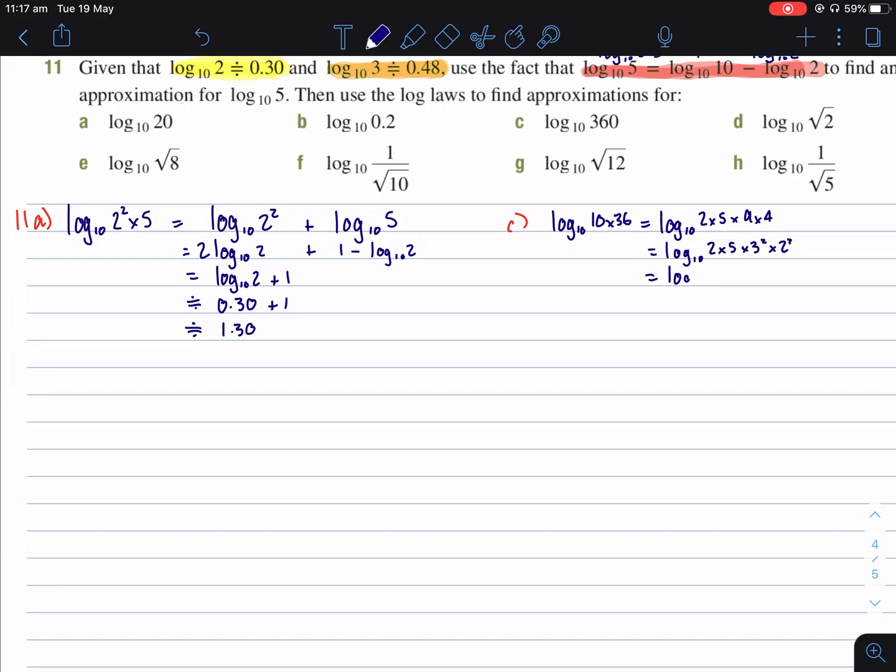So I've got log base 10 of 2 cubed times 5 times 3 squared.